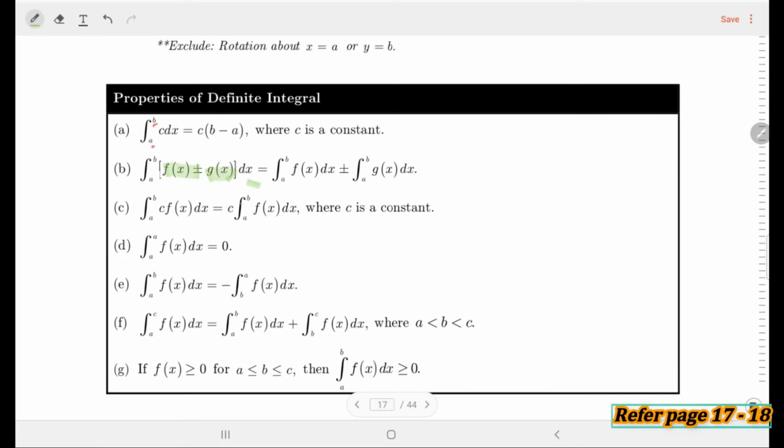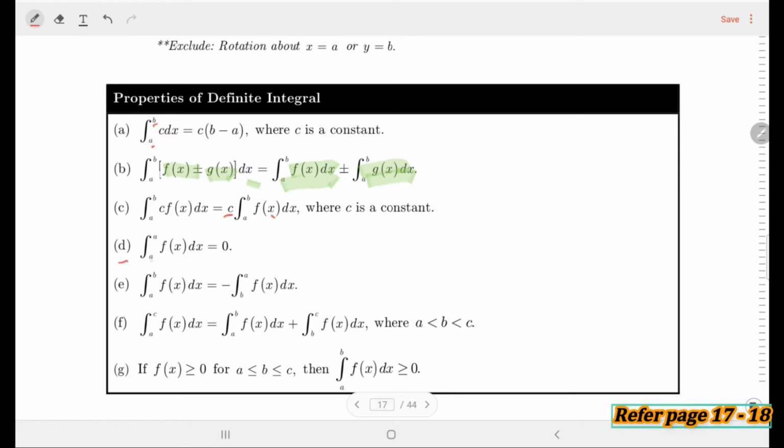We do the algebraic operations, either addition or subtraction, so we just separate them into the integral of f(x) plus or minus the integral of g(x). For C, the same thing: we take out the constant c, and leave the function to be integrated.